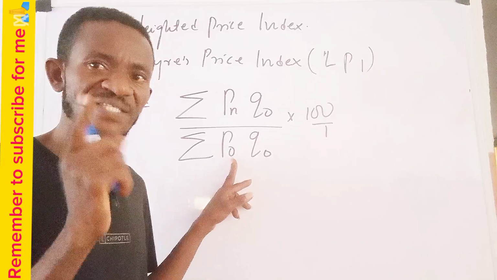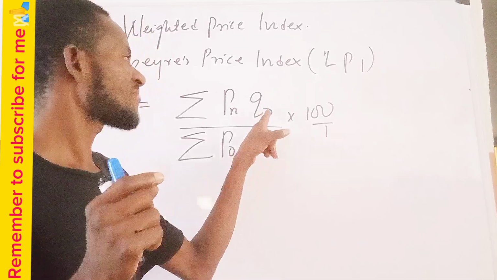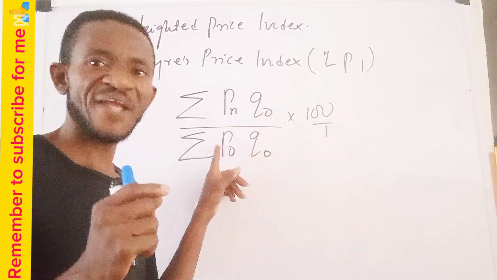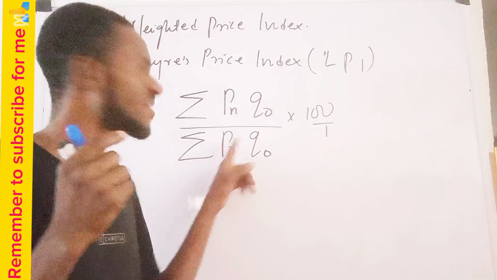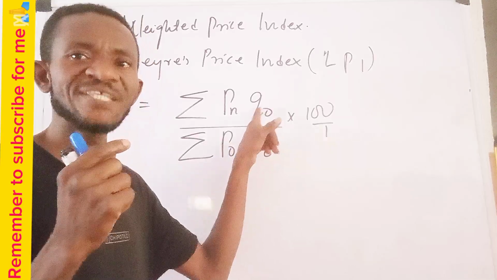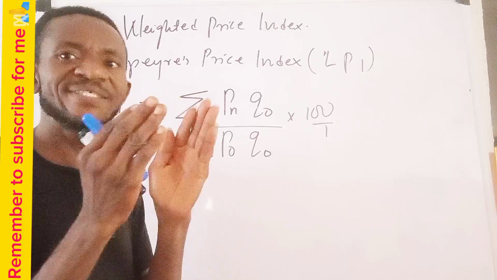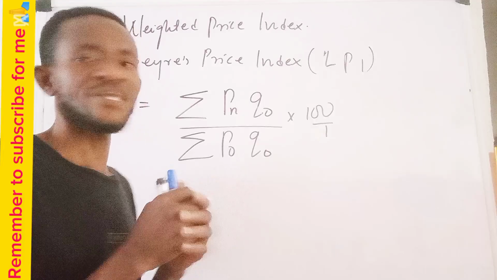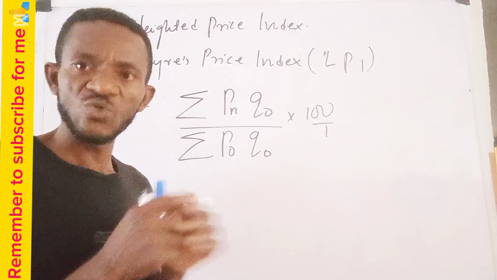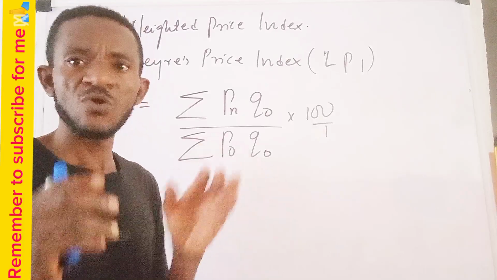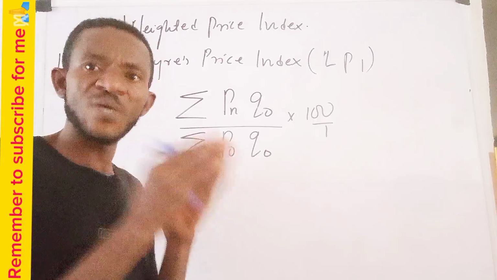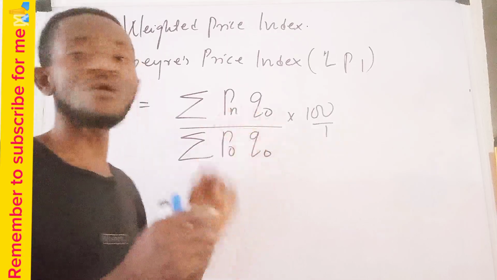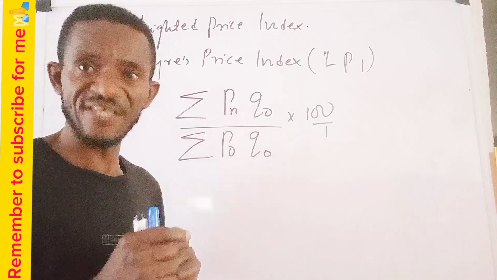The only difference here is that you have Q0 multiplying the Pn, and you also have Q0 multiplying the P0. So the quantity of the commodity in the base year is being used as the weight to multiply the price in the given year and equally the price in the base year. So when a question is asked about the weighting parameter in the Laspeyres price index, it is the quantity of the commodity in the base year.